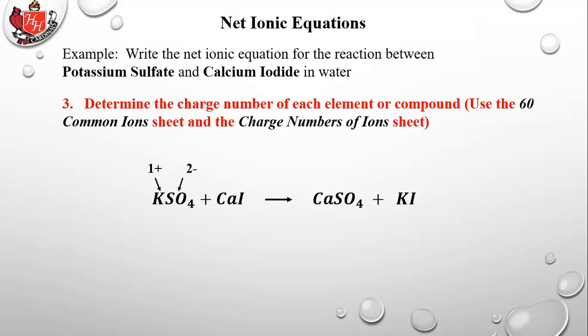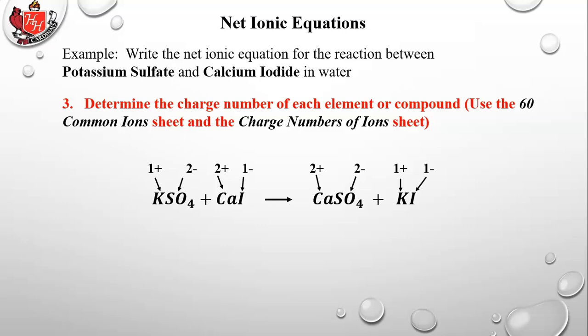SO4 has a 2- charge. That you can only find on your 60 common ion sheet, in the third section that was shown on the previous slide. Calcium has a 2+ charge, no other possible charge, and iodine has a 1- charge. Now over here, calcium is still 2+, sulfate is still 2-, potassium still 1+, and iodine is still 1-.